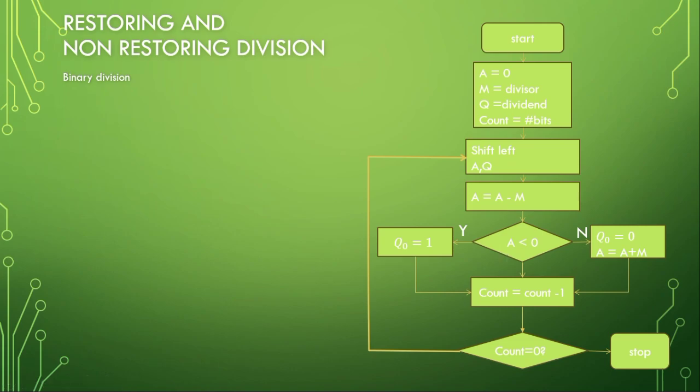So if A is greater than 0, we say our least significant bit of Q is going to equal 0, and then we do the addition operation here, and then we count plus 1 and everything. So it's an algorithm. You might not understand it, so let me give you a visual representation of it.